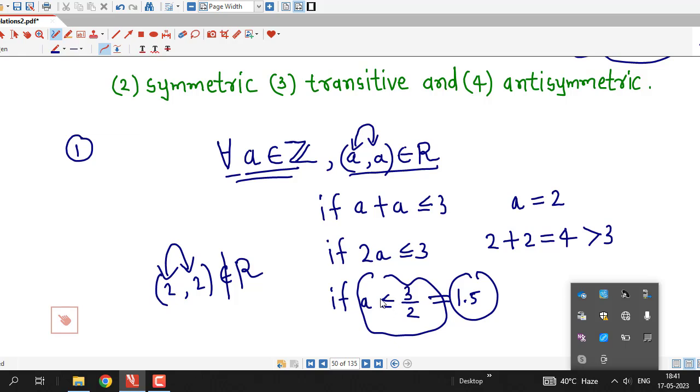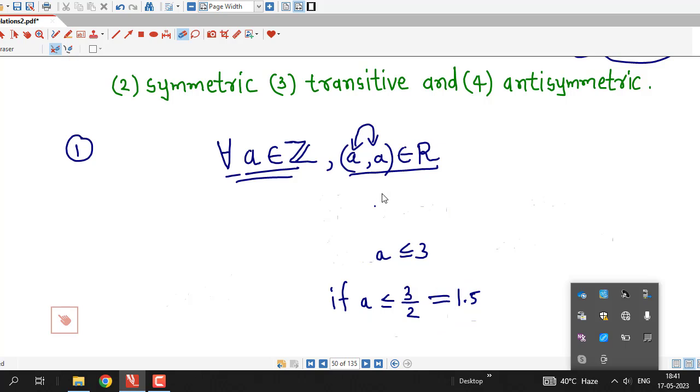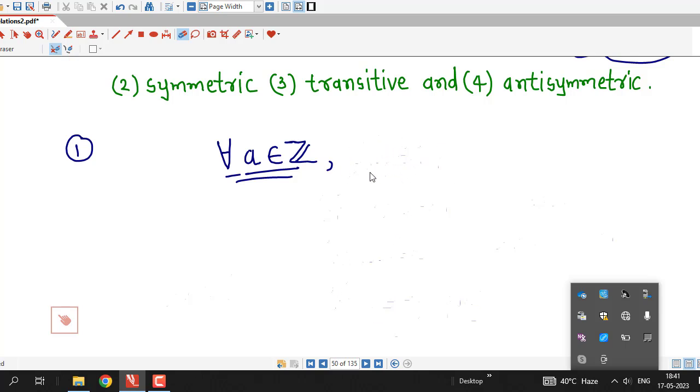Similarly, if we take A equal to 3, 4, 5 and so on, any integer greater than 1.5, then this condition is not satisfied. And for the relation to be reflexive, we must have the ordered pair (A, A) belong to R for every A in the given set. Here the given set is the integers. So this relation is not reflexive because we have a particular integer for which that condition is not satisfied.